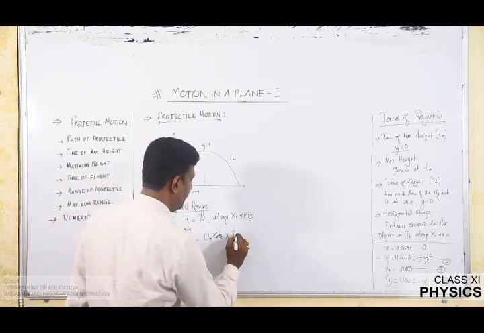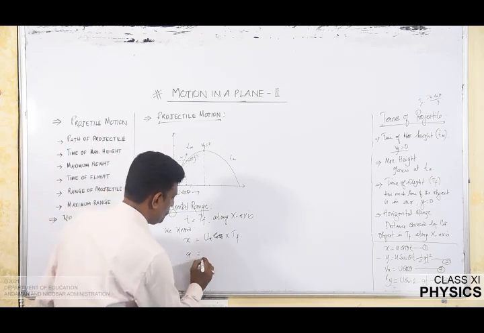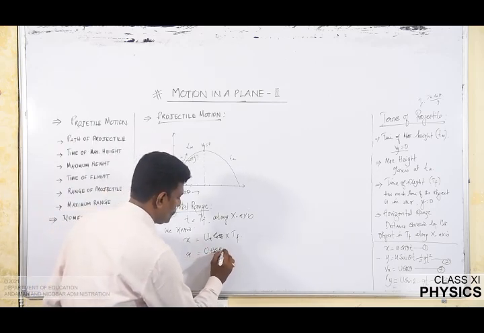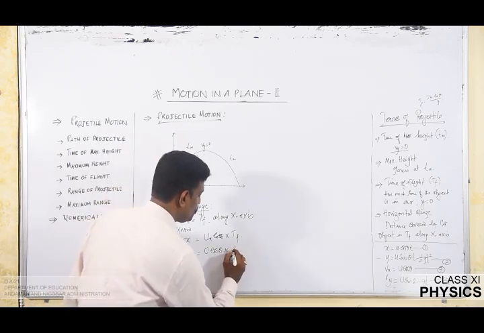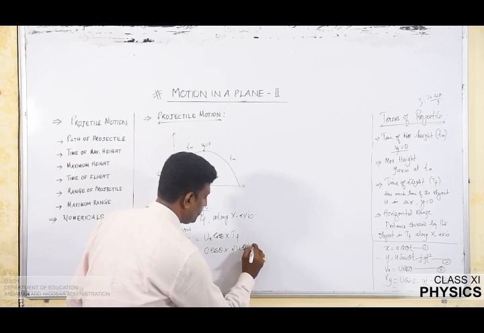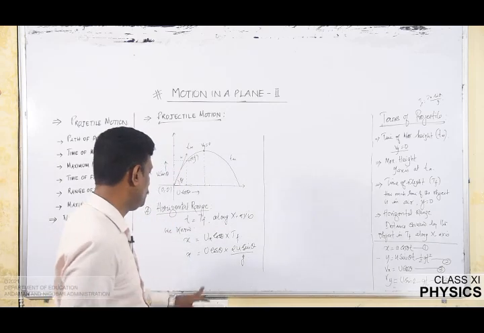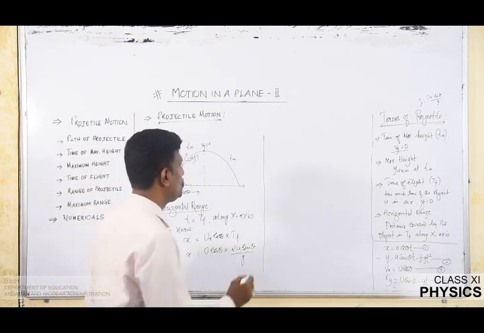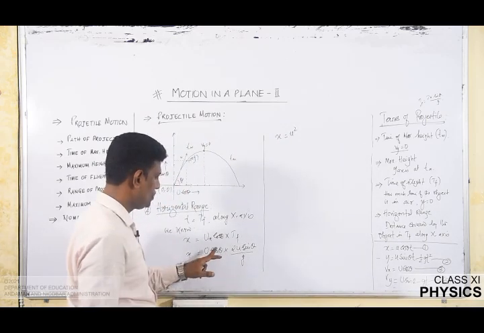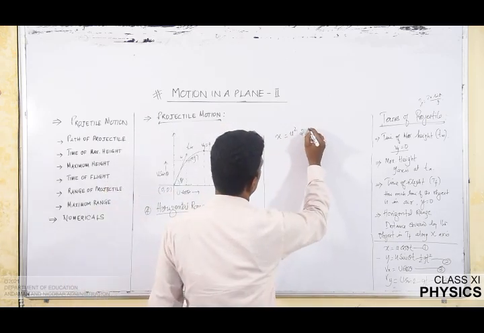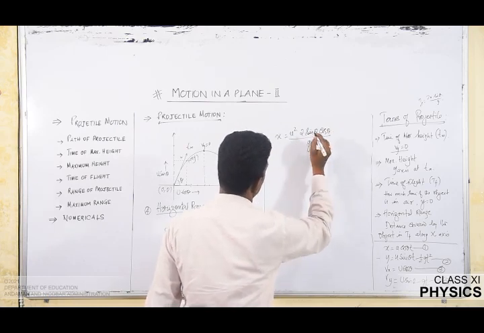So, we will be writing Tf here. So, x is equal to u cos theta into time of flight, which we have just calculated, that is 2u sin theta by g. So, what we can have here is x is equal to u square 2 sin theta cos theta divided by g.